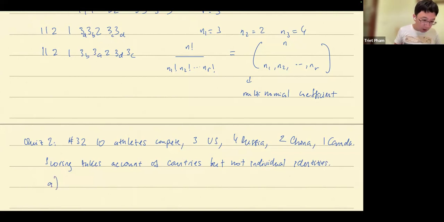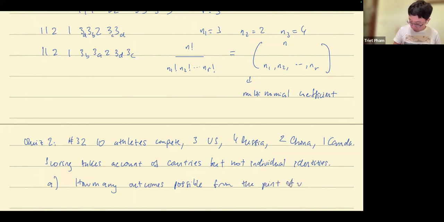Question A: how many different outcomes are possible from the point of view of scores? Okay, so that's a question.